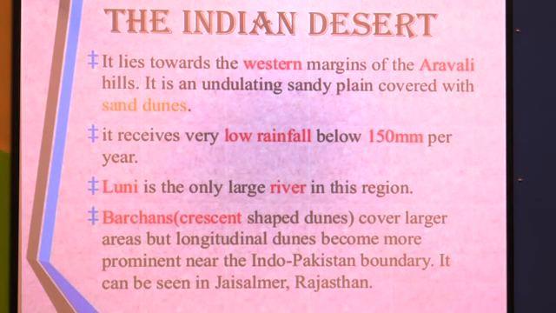One river is there, the Luni river, and some other rivers disappear in the dry season and flow only in the monsoon season. Barkhans and sand dunes are the common physical features found in the Indian desert area.